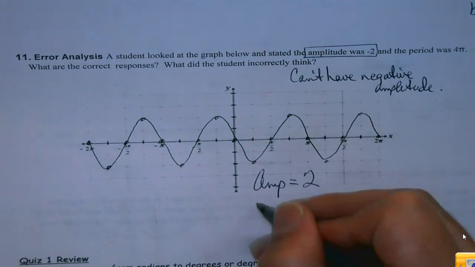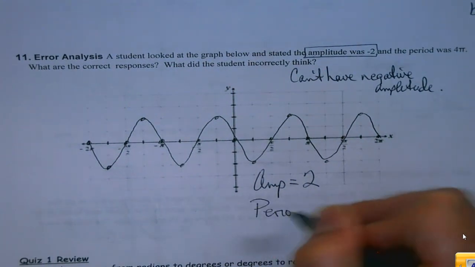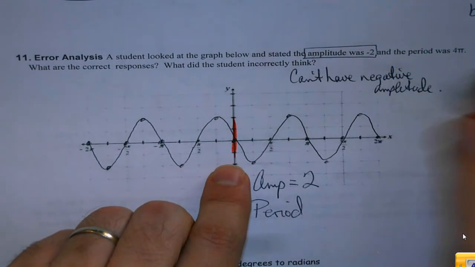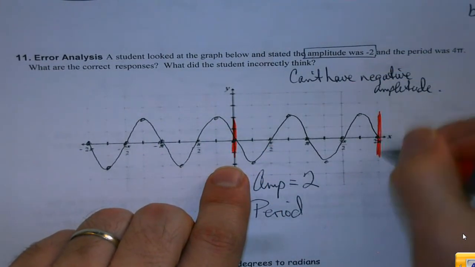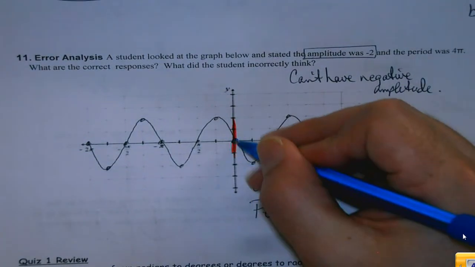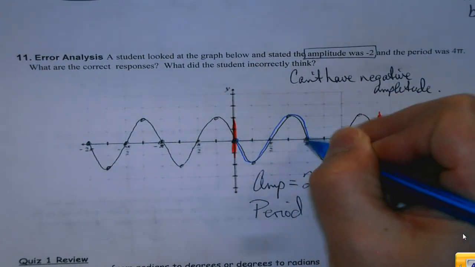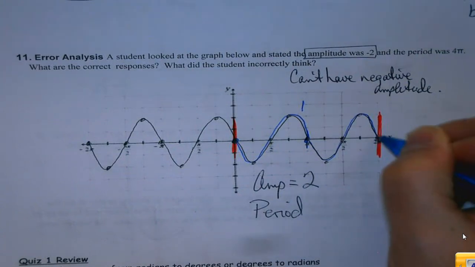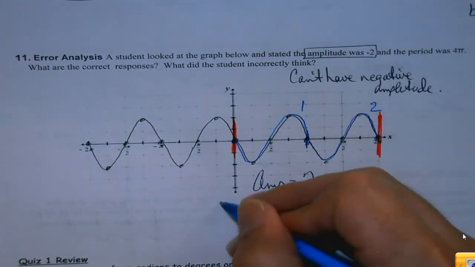Now, the period, we're going to have to do a little bit of thinking here. If we look between 0 and 2 pi, I need to know how many cycles occurred in there, because that's going to help me finish this off and find the period. So I'm like, okay, there's 1, there's 2.